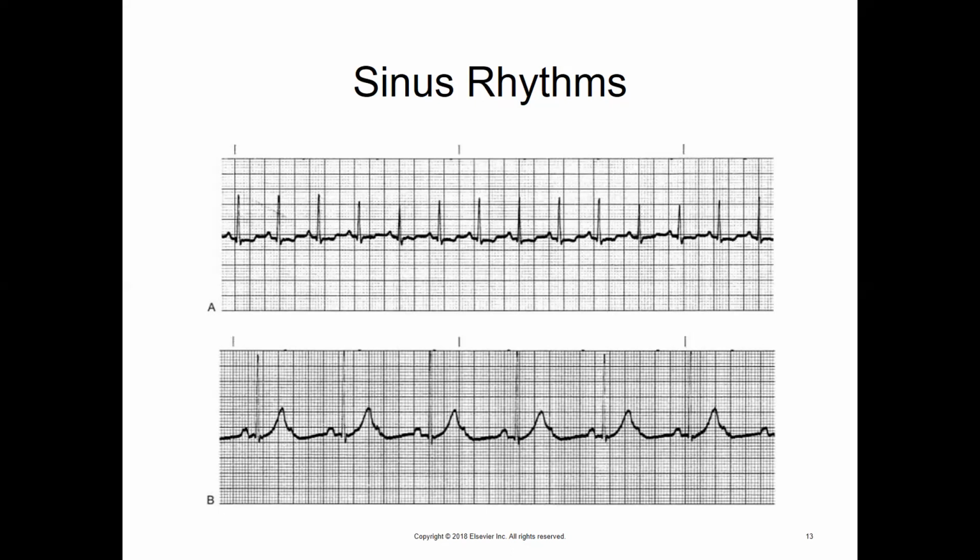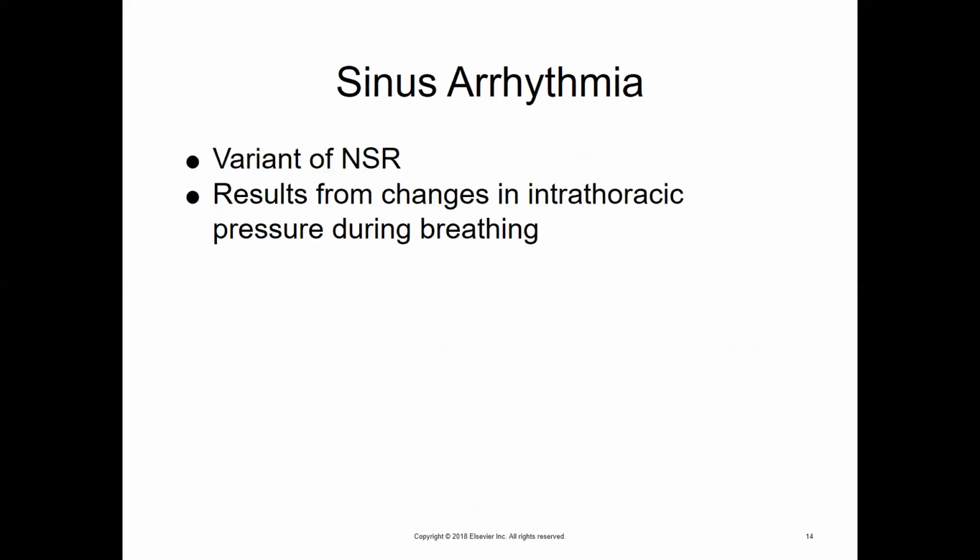And then the bottom one is going to be a bradycardia. And so what? 50. 50. Bradycardia. Yeah, there's 5 QRS complexes there. So it would be 50. Very good.